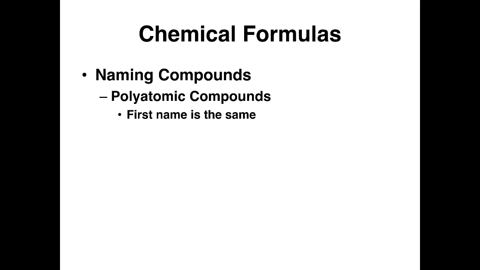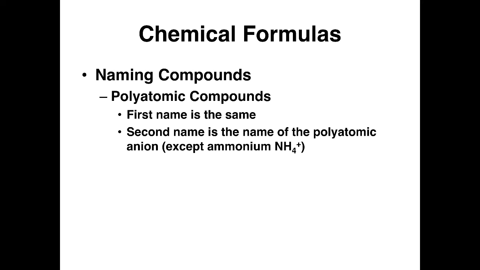Again, when you name polyatomic compounds, the first name is the same. The second name is the name of the polyatomic ion. And as I told you in class last week, and I'll remind you today, the exception to that is the ammonium ion, which is a cation and not an anion.